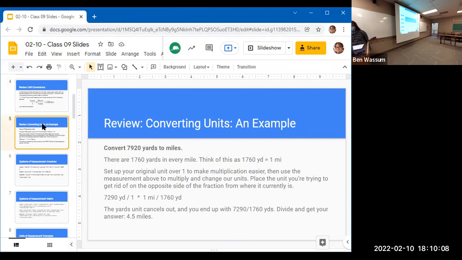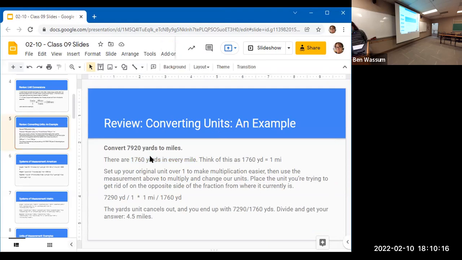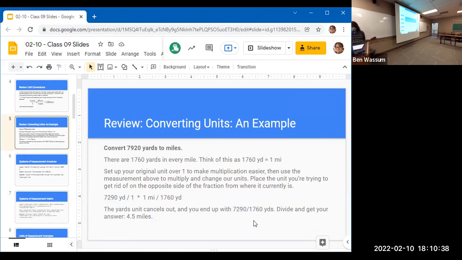But in this case, we actually have something given where it says there are 1,760 yards in every mile. So based on that, you could do the same thing as on the last slide. You can say, oh, I have 7,920 yards, and you can multiply it by 1 mile over 1,760 yards. The yards unit cancels out. You end up with that fraction, and you just have to divide the numbers, and you end up with 4.5.